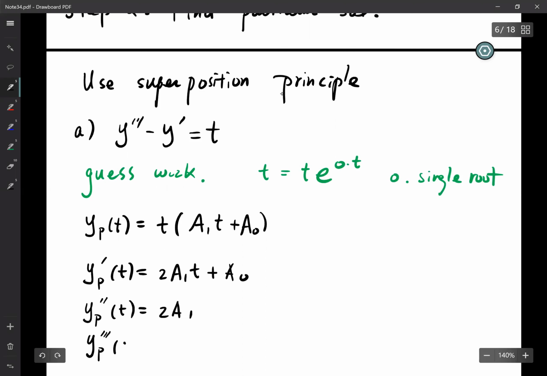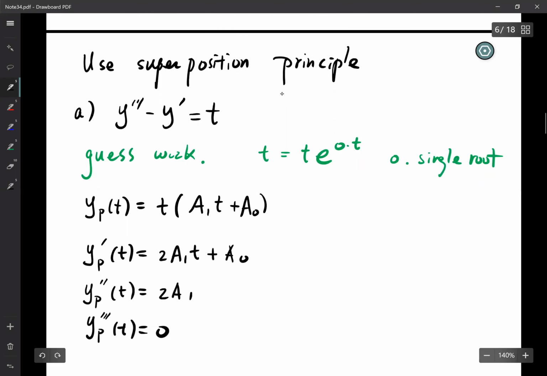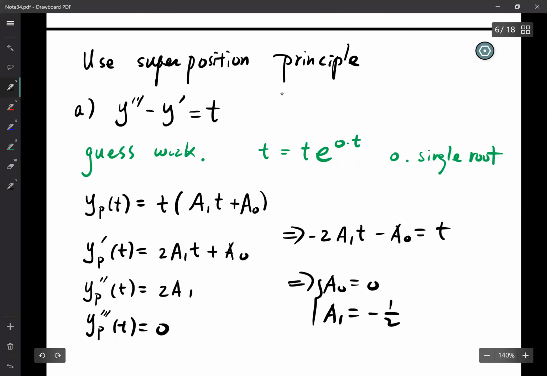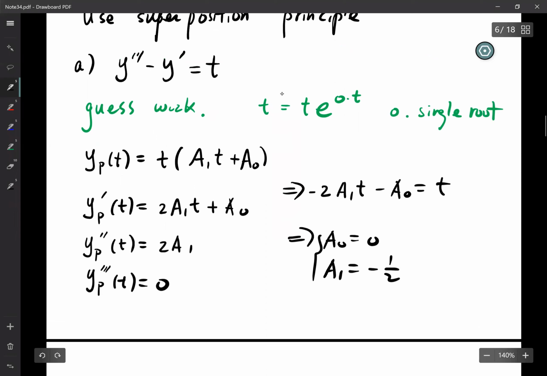Third order derivative just vanishes. So this means 2a1 minus 2a1t minus a0 equals t. a0 is 0. a1 is minus 1/2. So I solved this first sub problem. ypt is minus 1/2 t squared. Any question?